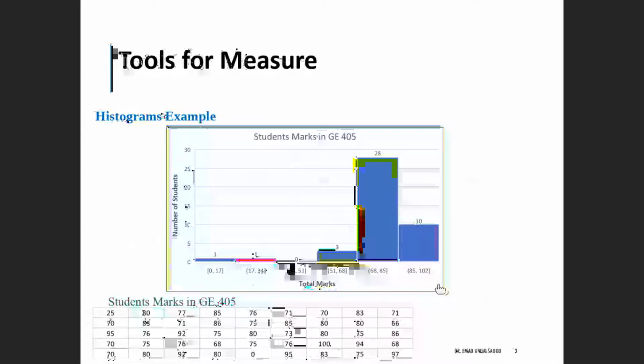and I have some from A and A plus, also above B plus, let's say from B plus to A plus, since 85 falls in the B plus. I have from B plus until A plus a good number of students.